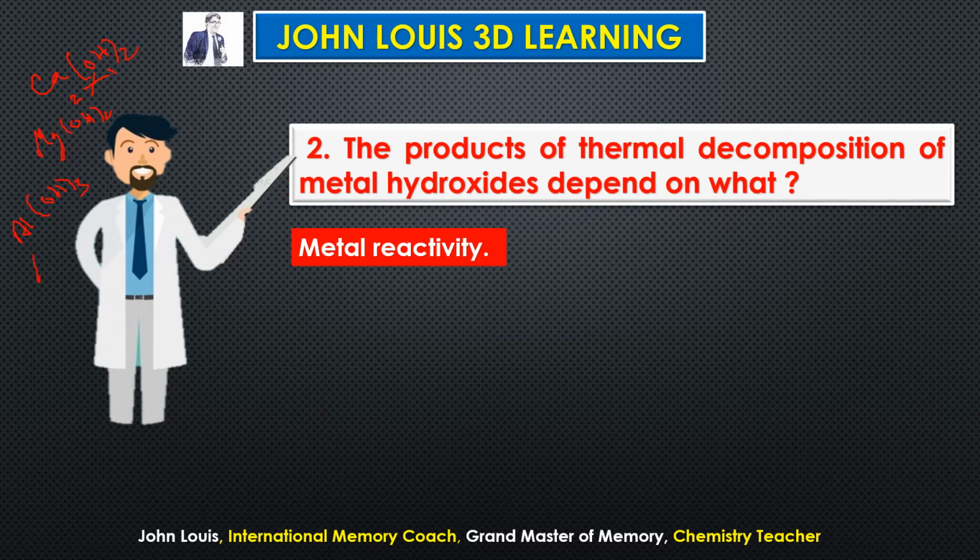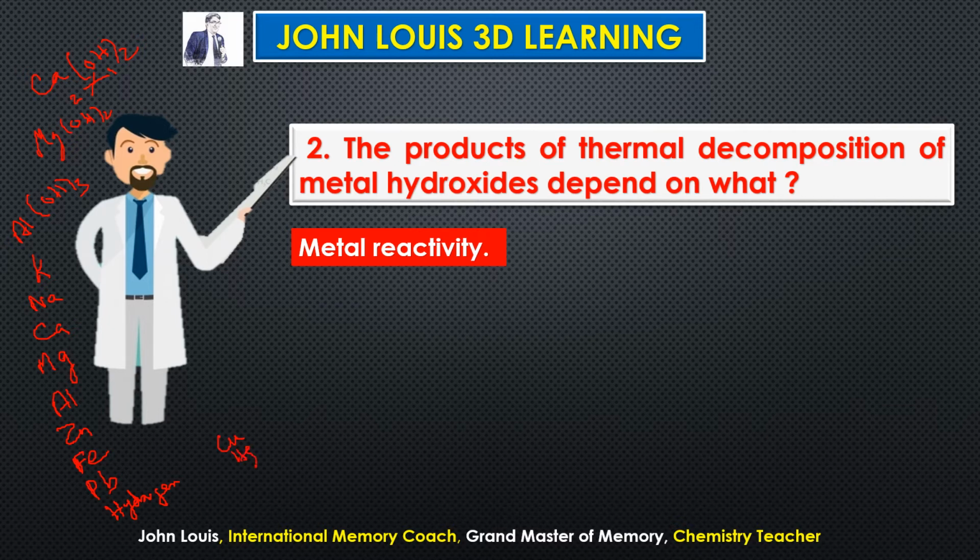So what is the metal reactivity series? We have learnt potassium, then sodium, calcium, magnesium, and then aluminium, zinc, iron, okay, then lead, then hydrogen. Hydrogen is a non-metal, but still it comes in between.